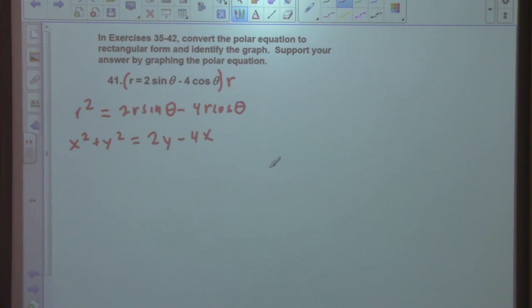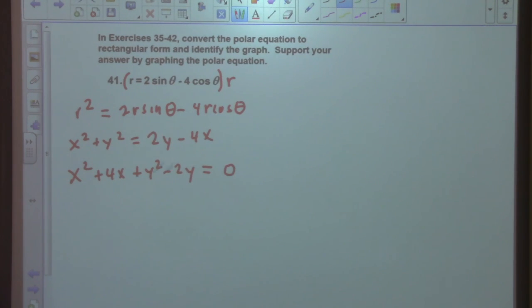Okay, is everybody okay on that? And then if we get rid of this on the right, we're going to have over here on the left side x squared plus 4x plus y squared minus 2y is equal to 0.